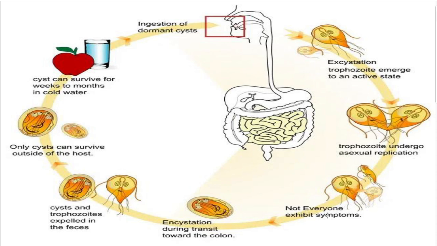Not everyone exhibits symptoms. Here encystation occurs during transit towards the colon, then cysts and trophozoites are expelled in the feces. Only cysts can survive outside the body. Outside the host, the cyst can survive for weeks to months in cold waters, and again this cyst is ingested, means ingestion of dormant cyst by man.